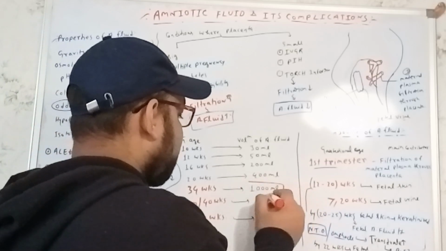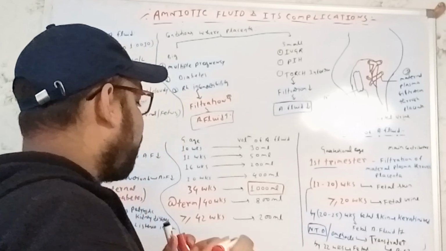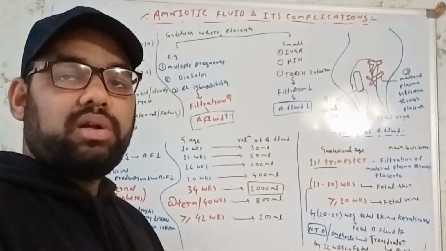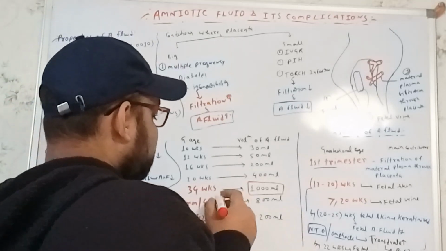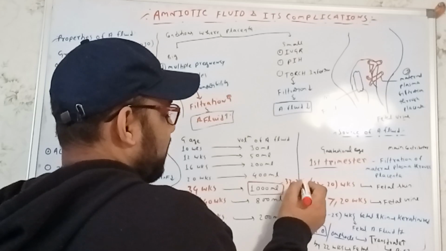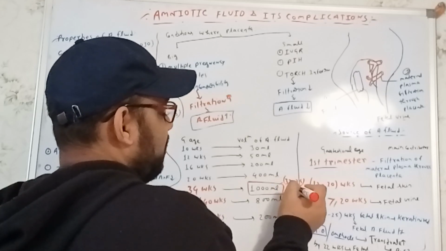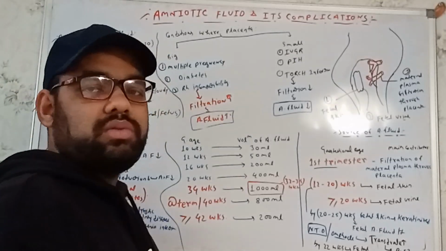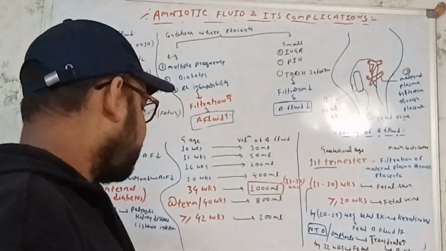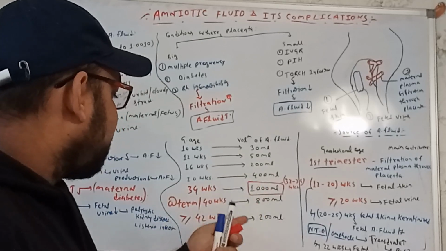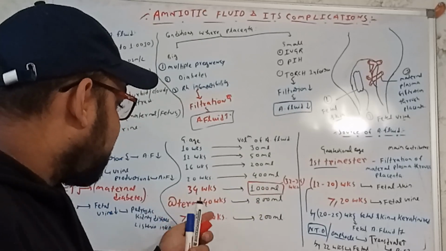Sometimes in some books they mention it as around 32 to 34 weeks. They just talk about a range. So the range will be around 32 to 34 weeks, and it is maximum.